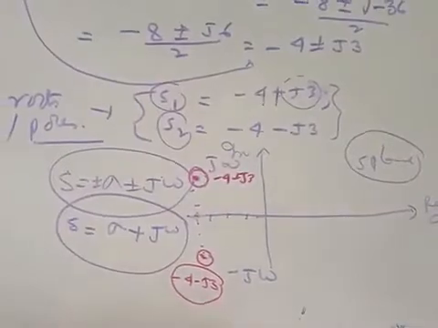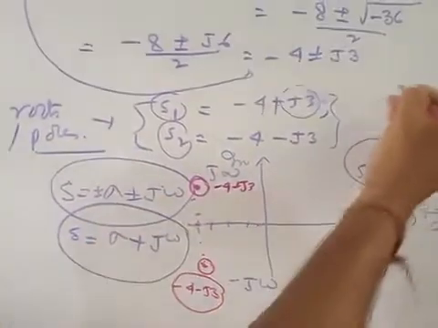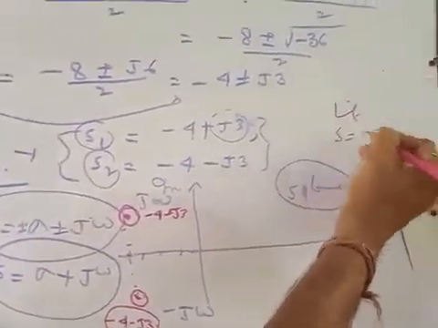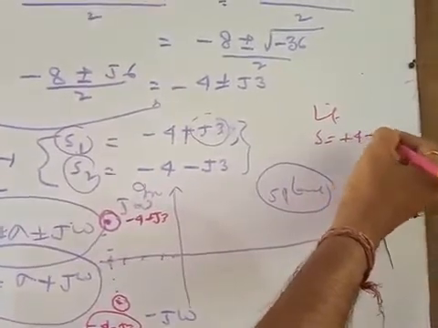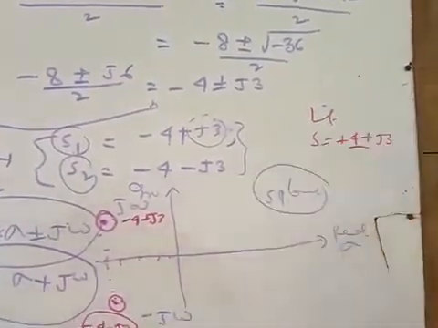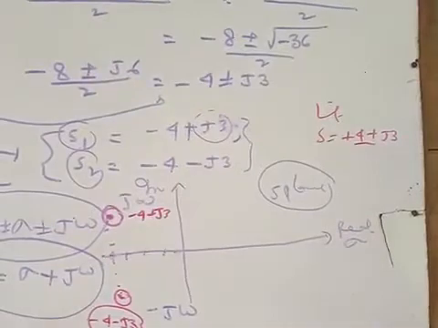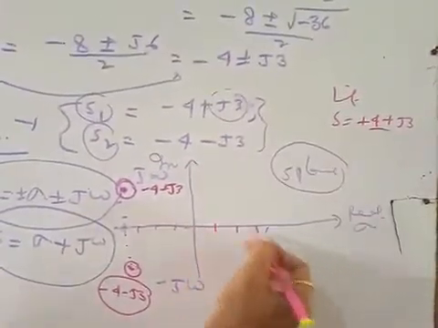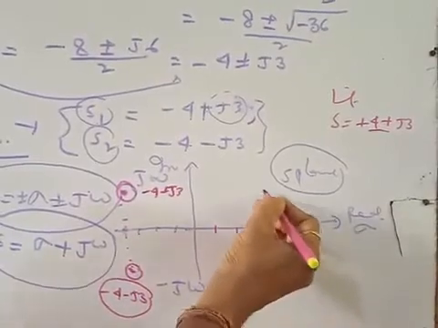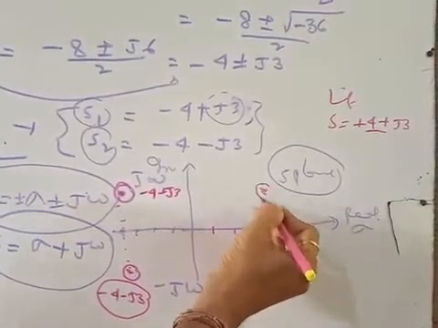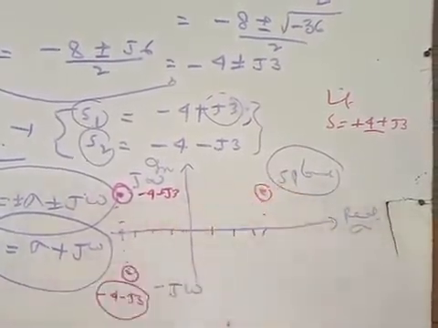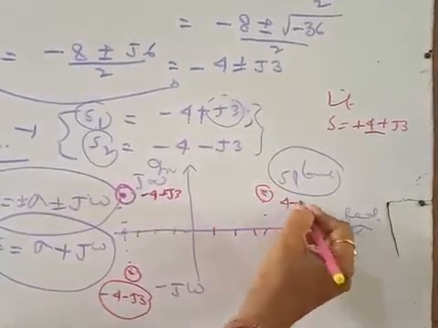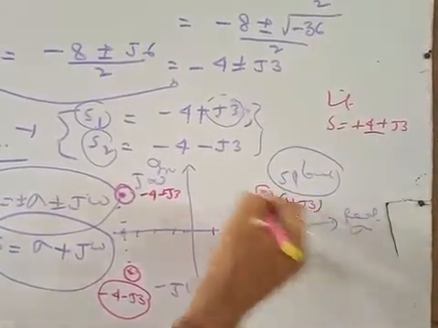Say for example, if s is equal to plus 4 plus j3, then where will it be located? This is plus 4, that means 1 2 3 4 along this axis, then 1 2 3. So this is the location of the pole. So you get the locations of the poles like this in the s plane.